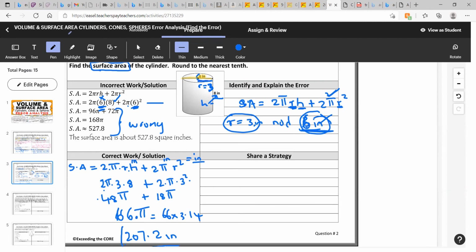So the surface area will have been this. So what strategy did we use? The only error is the radius. The radius was not right. This is right, this is wrong. The radius is 3 inches. And we started by working from the formula for the surface area and substituting the values.